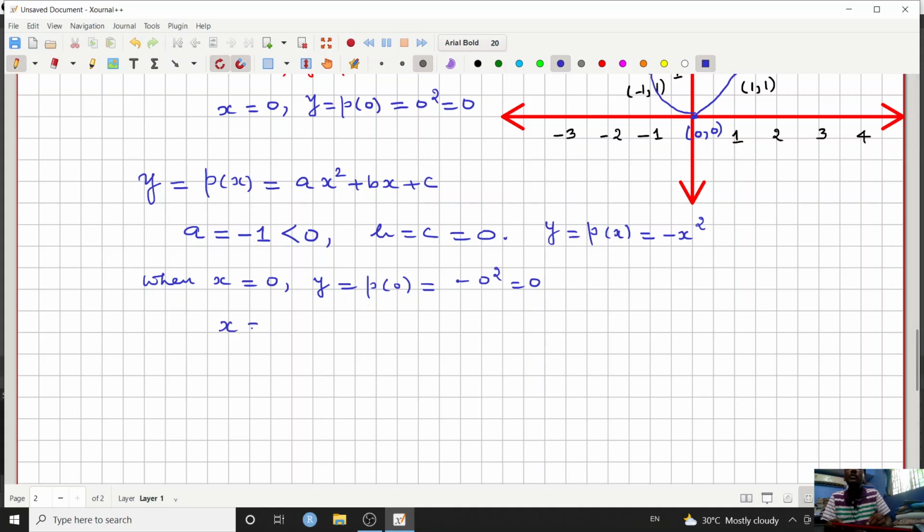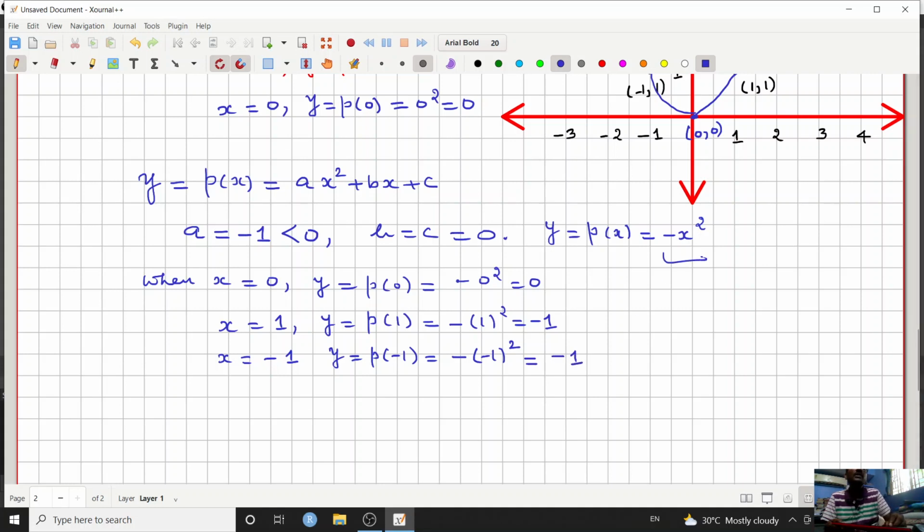Likewise, when x is equal to 1, y is p of 1, which is minus 1 the whole square, so that is minus 1. When x is equal to minus 1, y is p of minus 1, which is minus of minus 1 whole square, equal to minus 1 again.